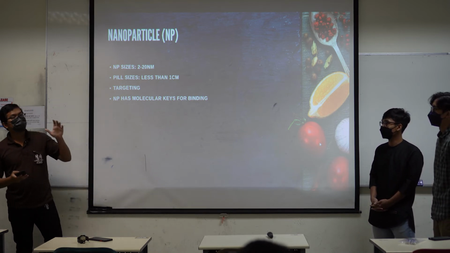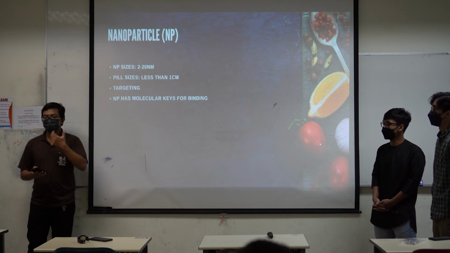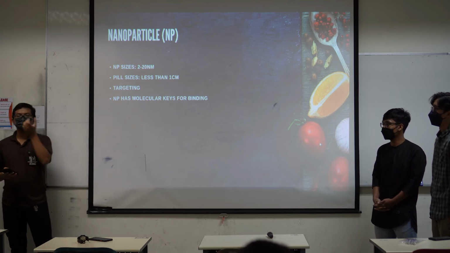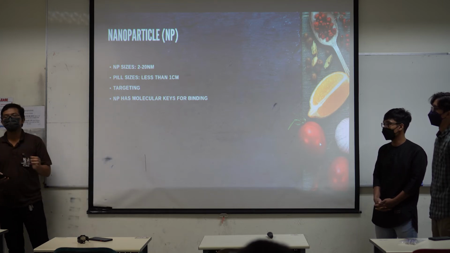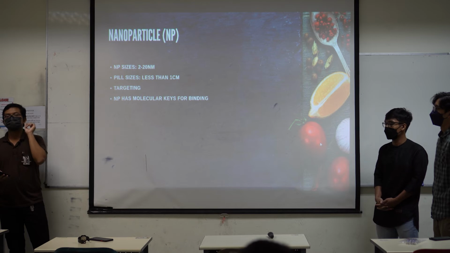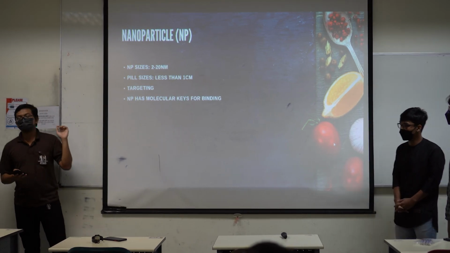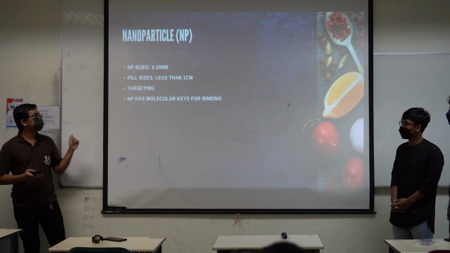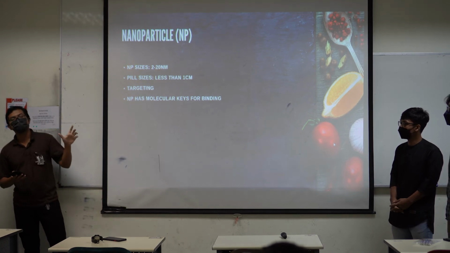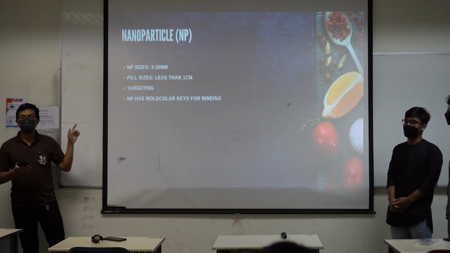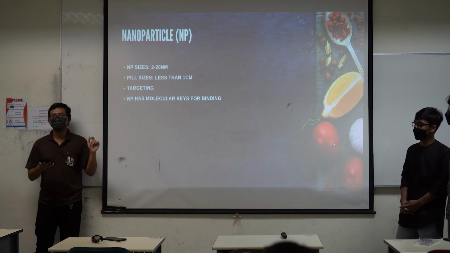And when they feed it into the nanoparticle carrier, they program the nanoparticle to target specific parts of the body which are sick. This sounds similar to GPS. So the nanoparticle has these molecular keys for binding to specific sites in those parts.